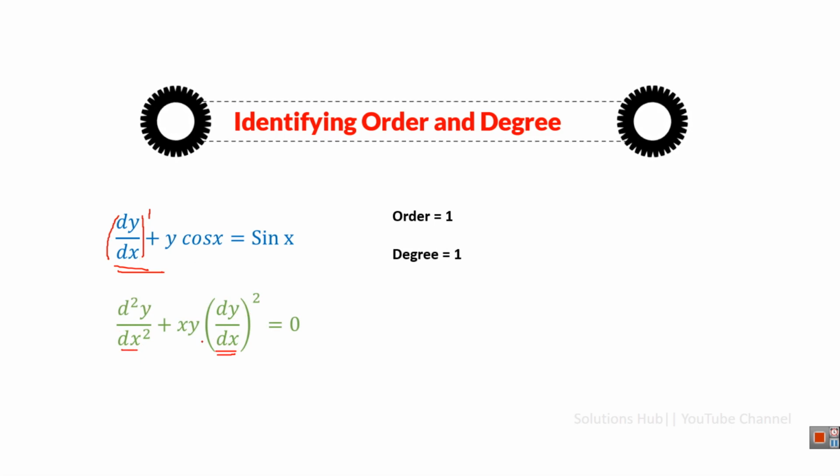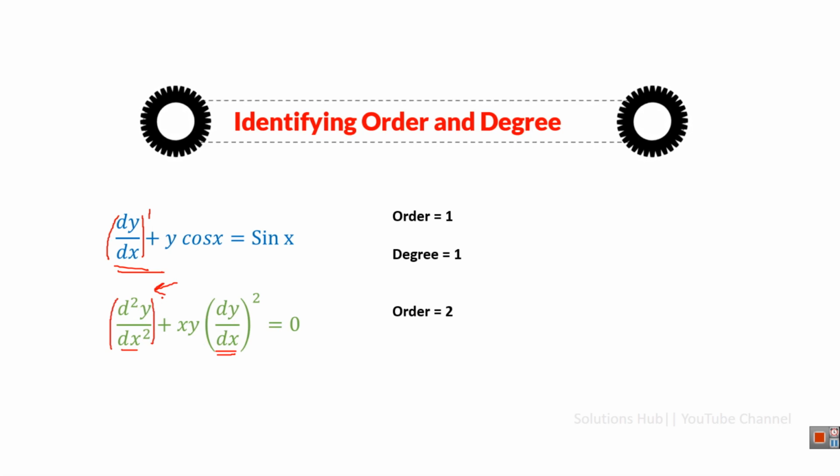So the highest order involved here is 2, because this is the first derivative and this is the second order derivative. So the order of this equation will be 2. In order to identify the degree we have to find the exponent of the highest order derivative. Nothing is written over here, so we consider it 1, so its degree will be 1.